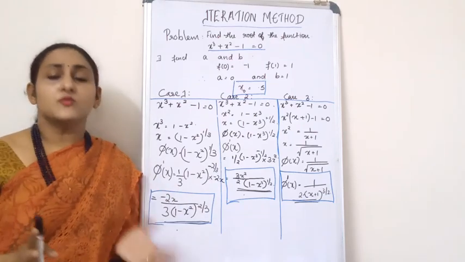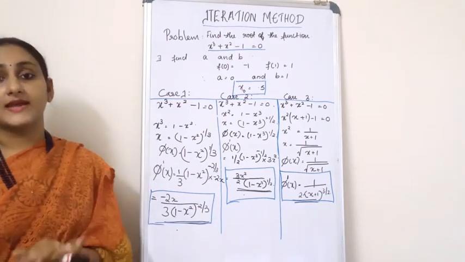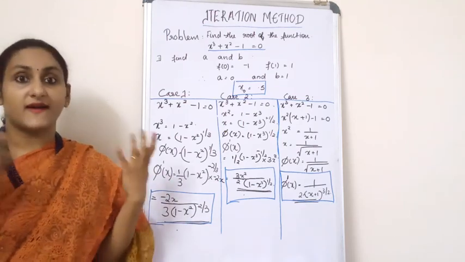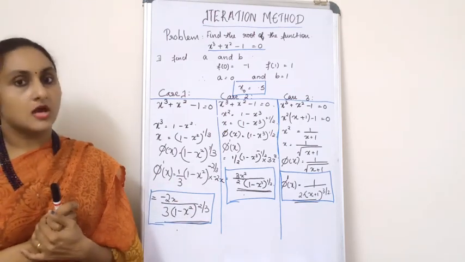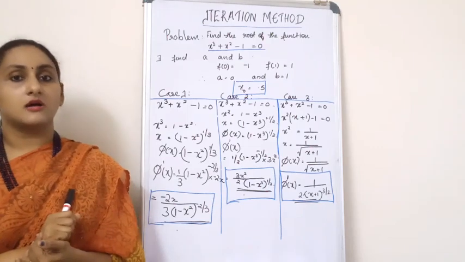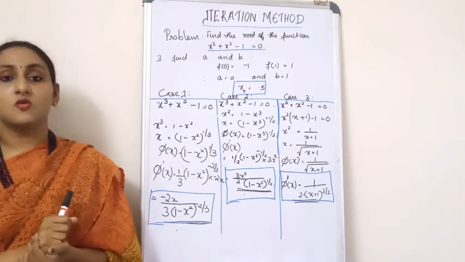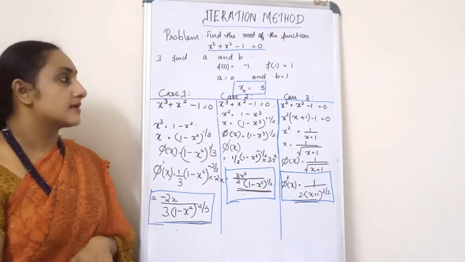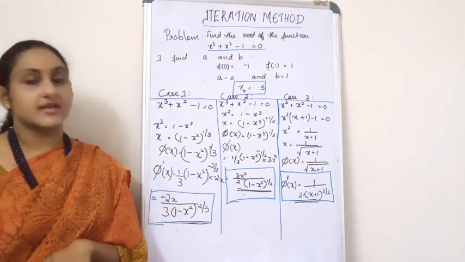Now you will have a confusion, like there are three cases over here, and which phi dash of x should we consider. So the next step is to find out which is the most suitable phi dash of x among the three cases.